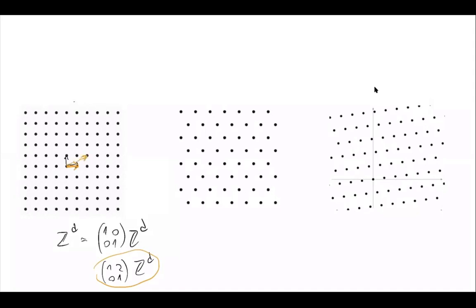And I claim that both matrices generate the same lattice. So it's not a unique representation of the lattice. There are many ways to represent the same lattice, and we will talk about different ways to represent the same lattice.